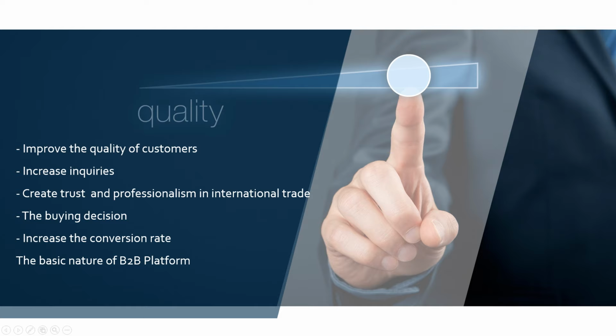If I am a customer, I will absolutely buy from the second supplier because I feel trust in the supplier. I feel that I am able to work with the second supplier because they are honest and they show everything to me. They have nothing to hide from me. That's also a very important criterion to improve your supplier experience on the Alibaba platform.